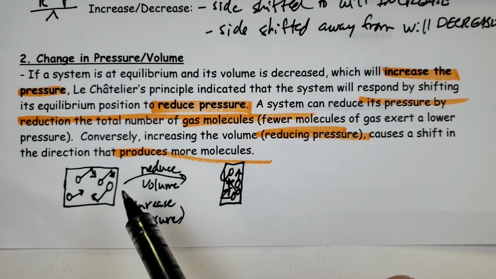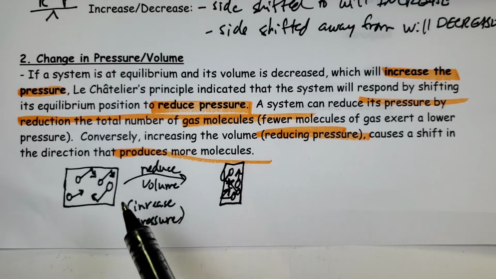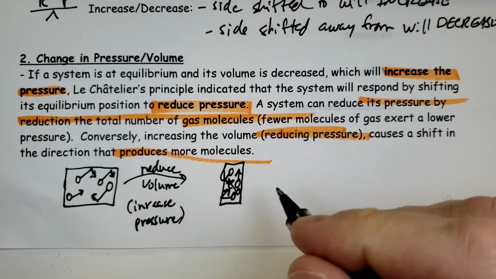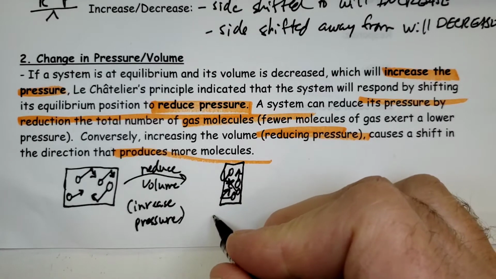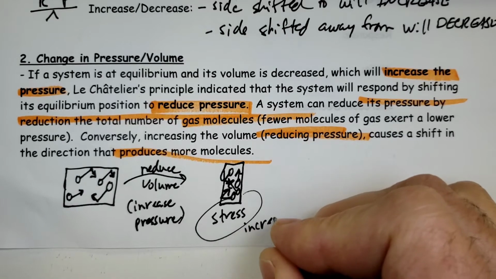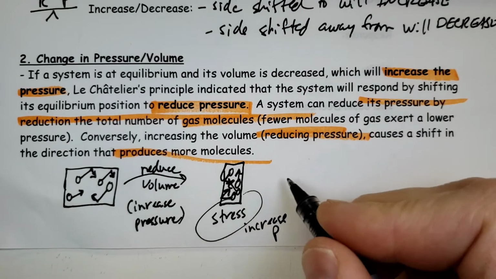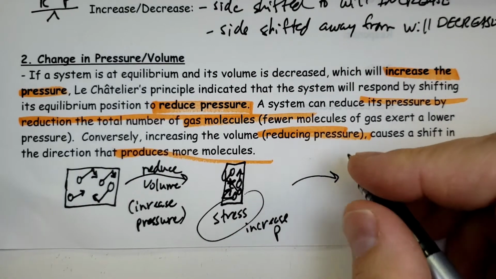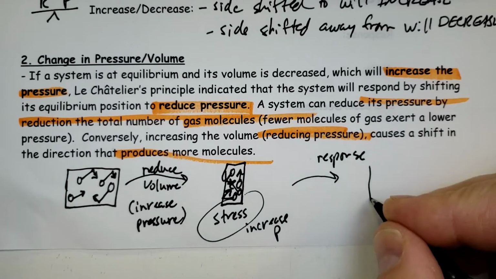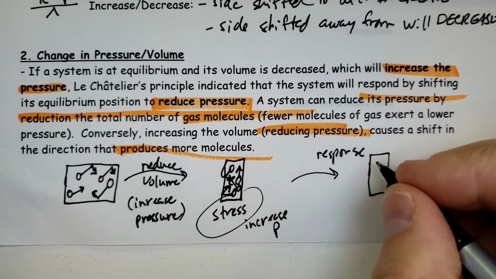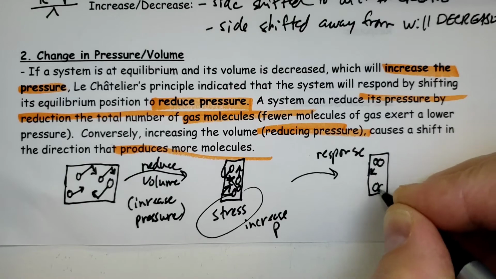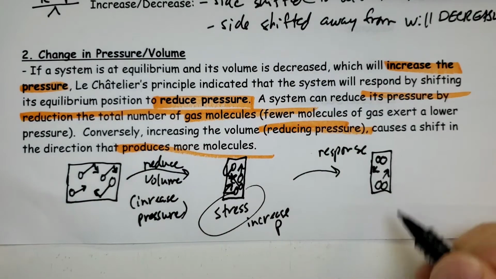Just like saying if you're in a classroom of 20 people and then all of a sudden we make the classroom 1/3 of the size, there'd be a lot of pressure, a lot of elbow to the teeth. So this would be the stress: increase P. And of course, the response would be, if you make a smaller number of molecules, so if these 2 molecules came together, and the other 2 molecules came together, then you just have 2 things bouncing around.